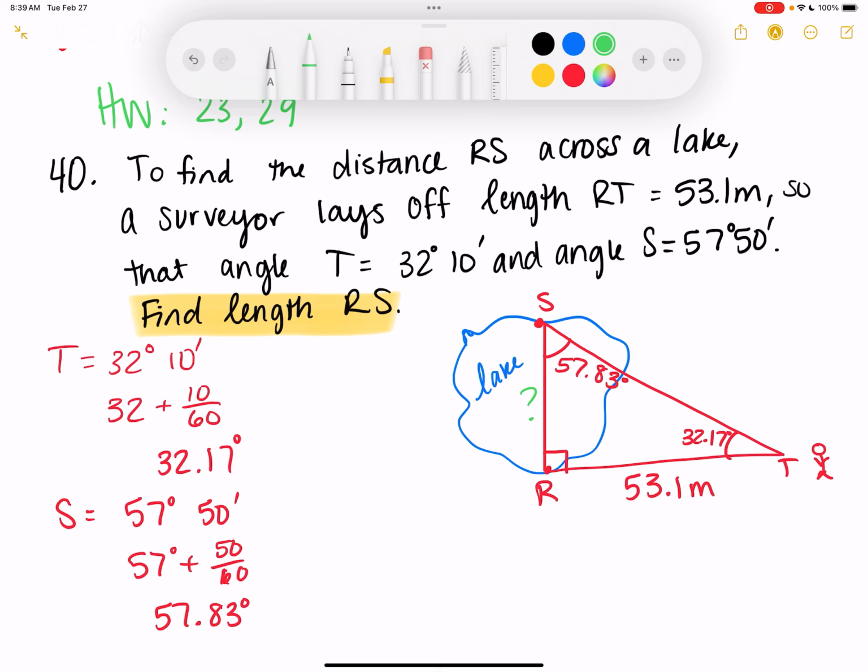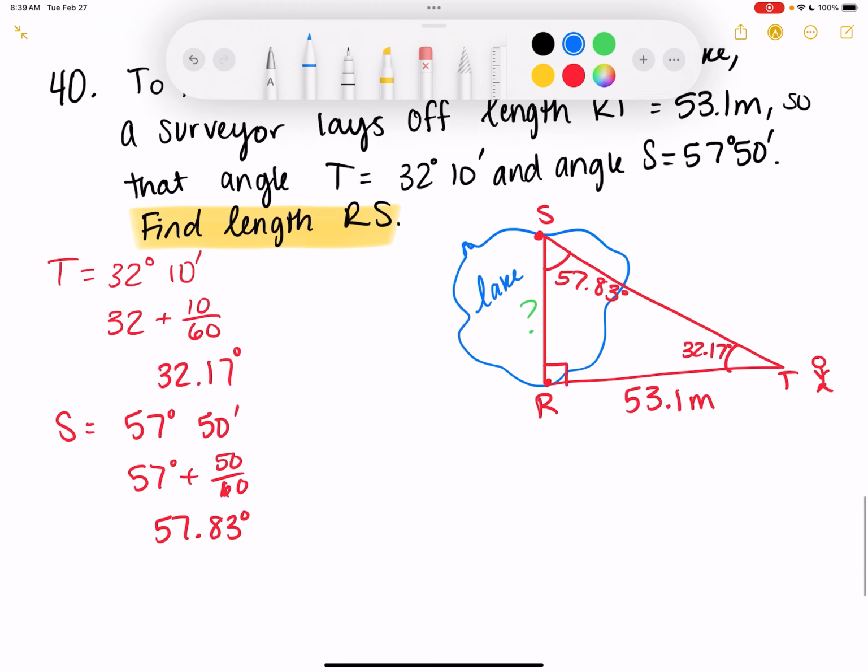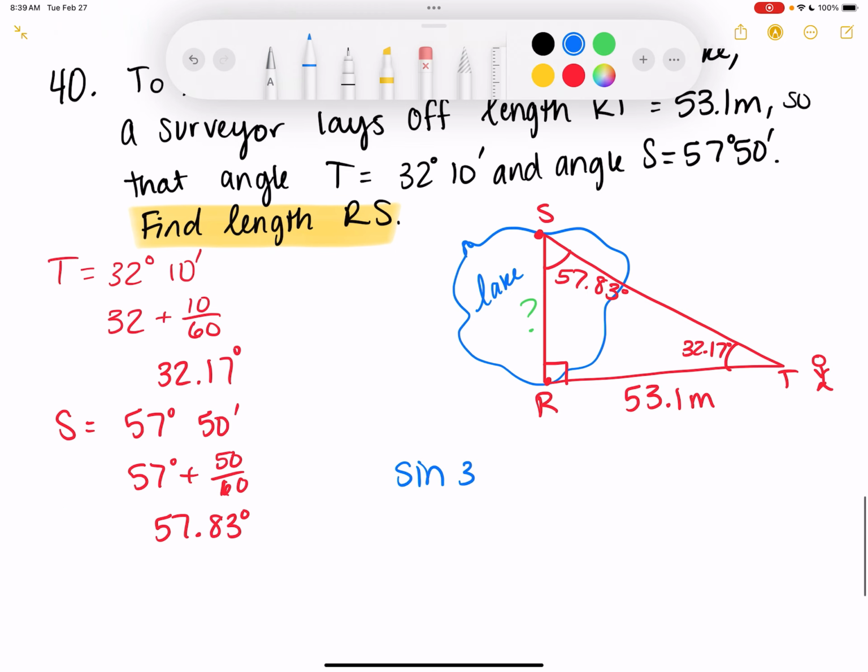Okay, use sine of that, so we would have the sine of 32.17 is equal to opposite, which is going to be, we're just going to call it x, over 53.1. And since our variable that we're solving for is on the top this time, I just need to multiply. When it's on the bottom, we have to swap them. So this would be x is equal to 53.1 times the sine of 32.17.